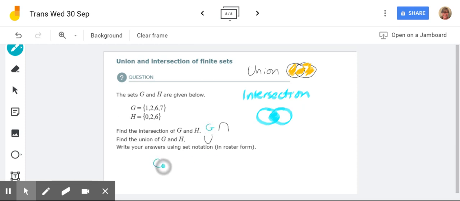G union H equals the set, just name all the numbers: 0, 1, 2. We don't have to list 2 twice, just once. And what is G intersect H equal to? What do they have in common? The only things they have in common are the 2 and the 6. So that's the intersection, and that's it.